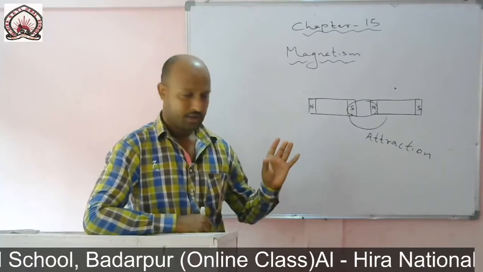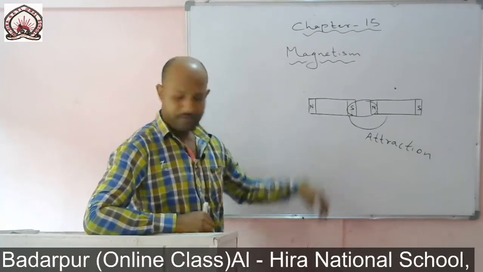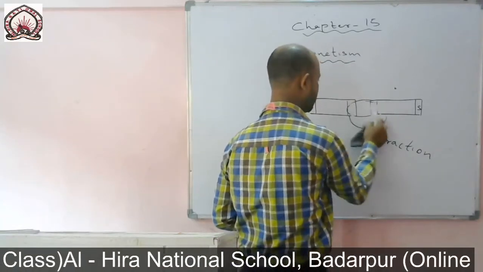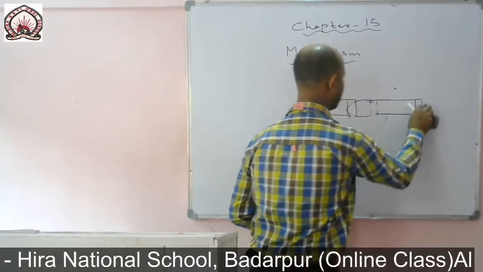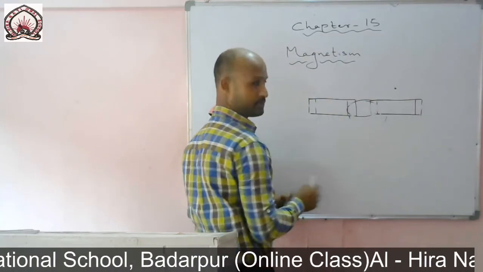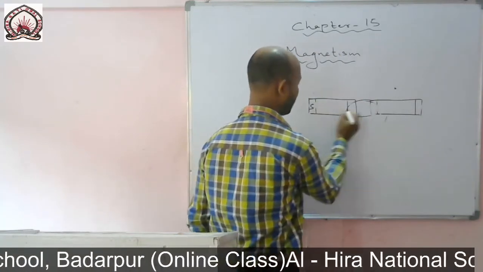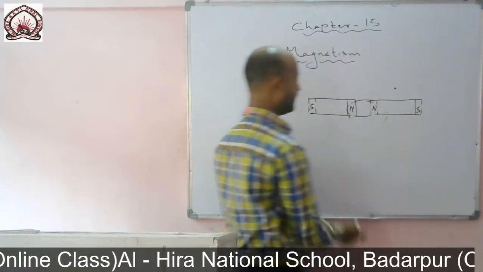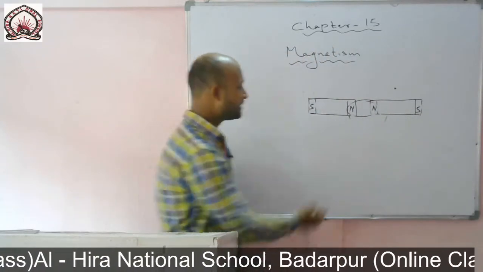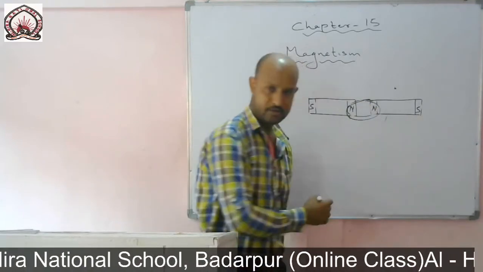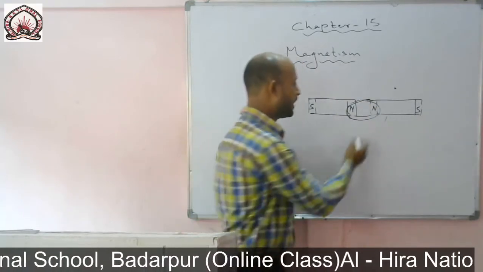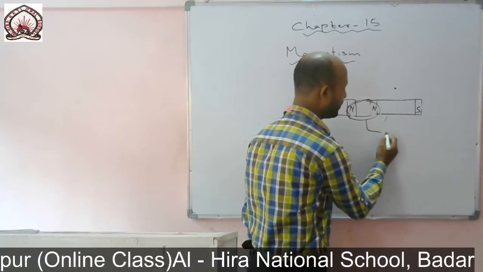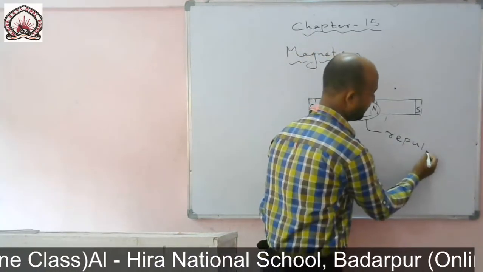Now, at the time when the poles of the magnets are like, that means they are the same, not different. Suppose this pole is the north and this pole is also the north. In this case, as the poles of the magnets are like, they are the same, the magnets will no more attract each other. They will always show repulsion.